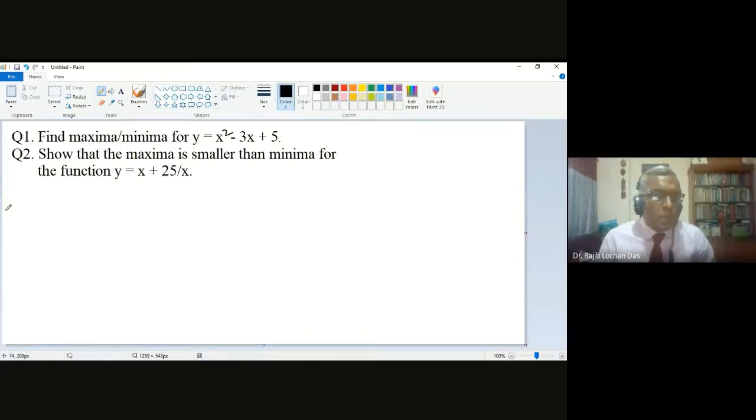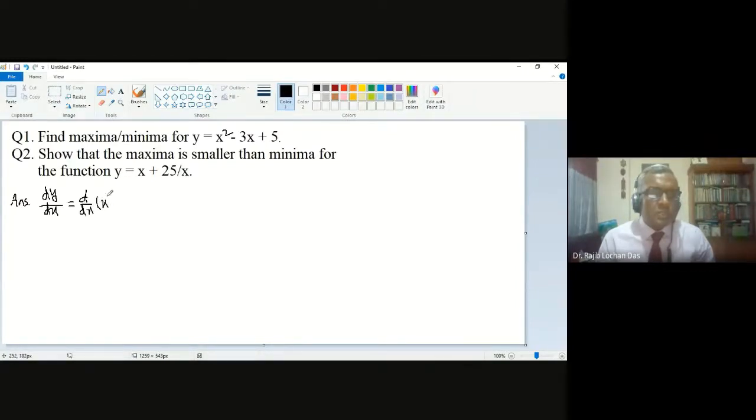So number 1, answer. So you follow the steps. What is the first step? You find out the first derivative. So that means it is d dx of y. And in this case, it is very, very simple. It is d dx of x square minus 3x plus 5.